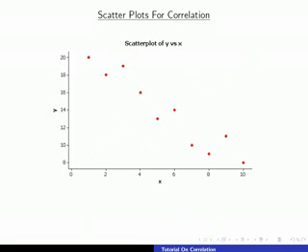In our last plot, again we can see that our observations do not fall in an exact straight line pattern, but there is a roughly decreasing straight line pattern present. What this tells us is that our two variables have a negative linear relationship. The correlation value of minus 0.952 indicates a strong negative linear relationship.